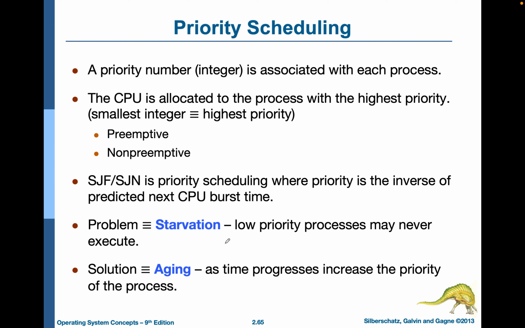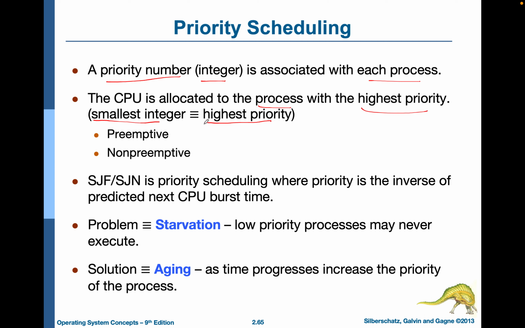Now let's move to the priority scheduling. For priority scheduling, we have a priority number, an integer, associated with each process. The CPU is allocated to the process with the highest priority, where the smallest integer equals the highest priority.